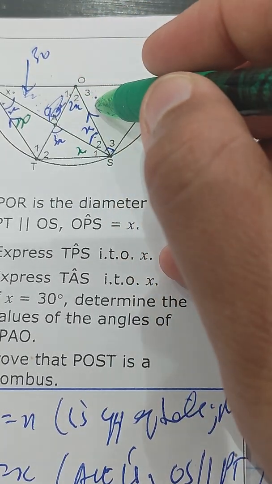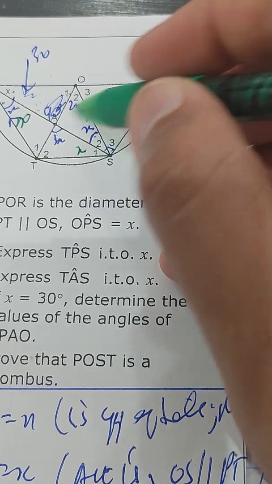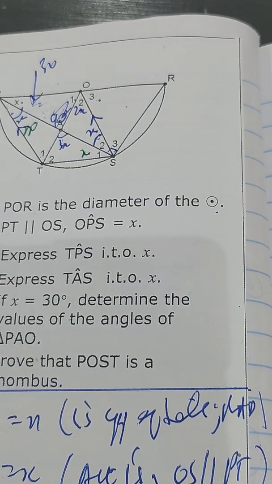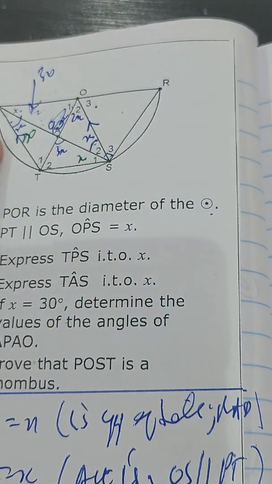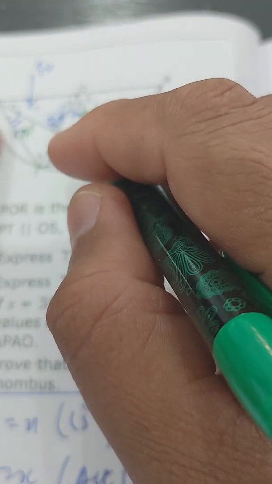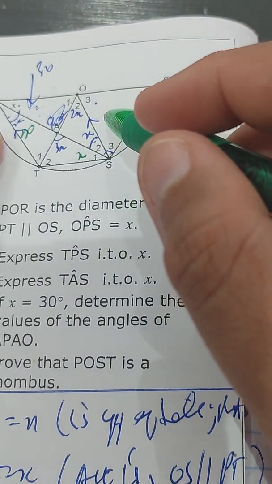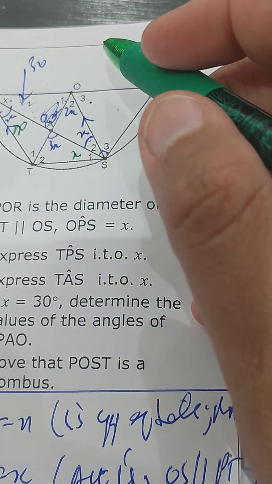Otherwise, that length is equal to that, and this is equal to that. We're rather going to go with the lengths. It's going to be easier. Otherwise, we have to first prove that it's a parallelogram and all of those things. If we prove that the adjacent sides are equal, then you could have a kite as well.